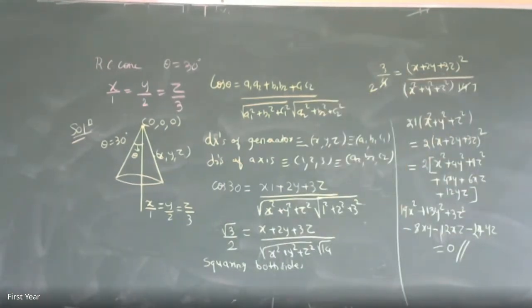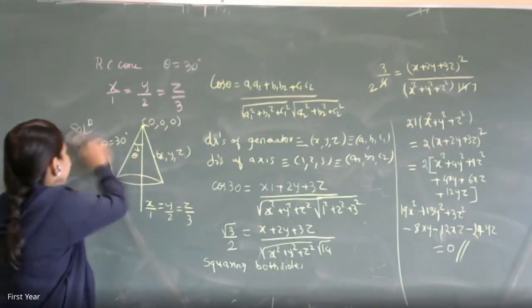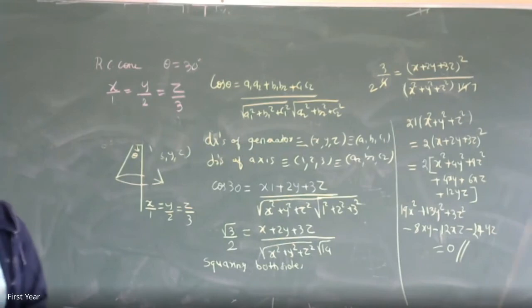Take down the question. Find the equation of the right circular cone which passes through the point (1, 1, 2).